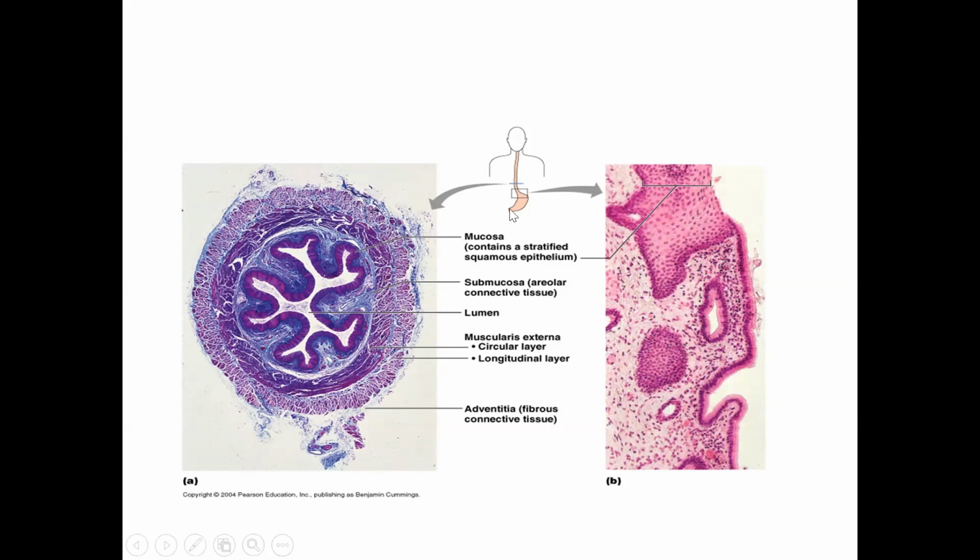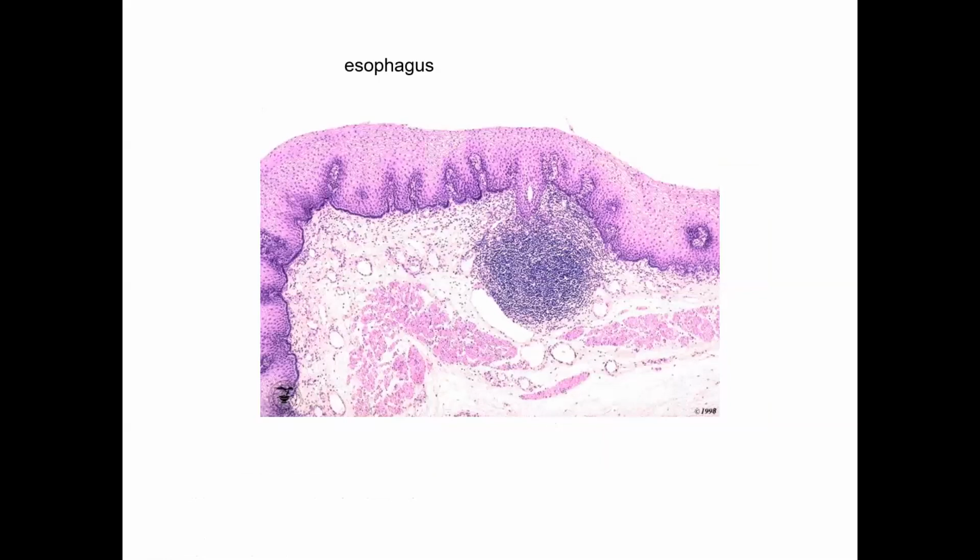When it gets closer to the stomach, in this wall structure, you may see some mucosal and submucosal glands. Here is another view. The lining here, with the lumen over here, is stratified squamous epithelial cells.